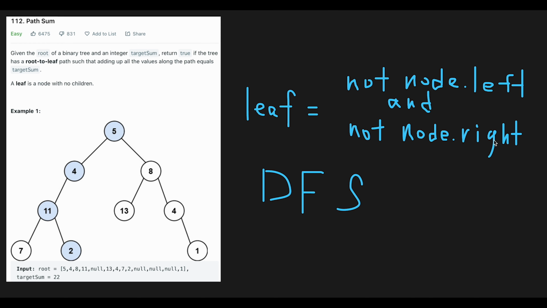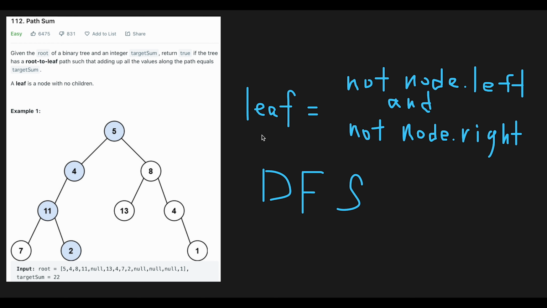If we find a leaf node, we compare the current sum with the target sum. If they are the same, return true. If they are not the same, continue to traverse the tree. That is the basic idea to solve this question.